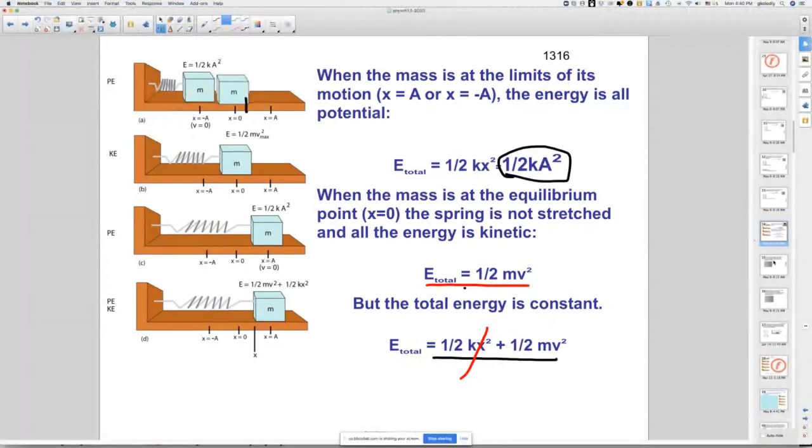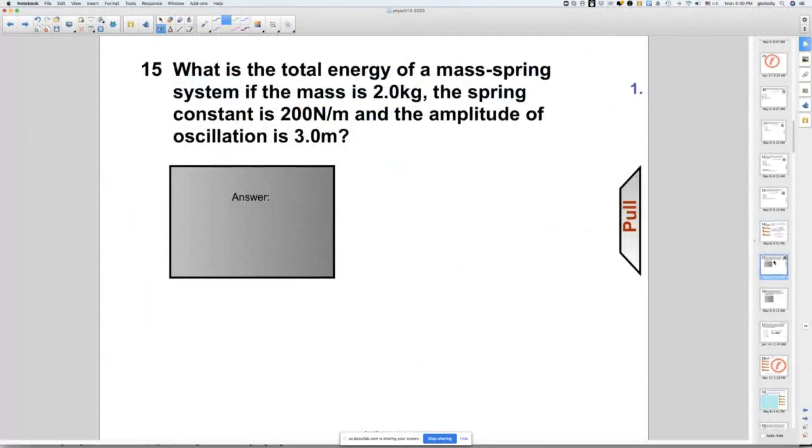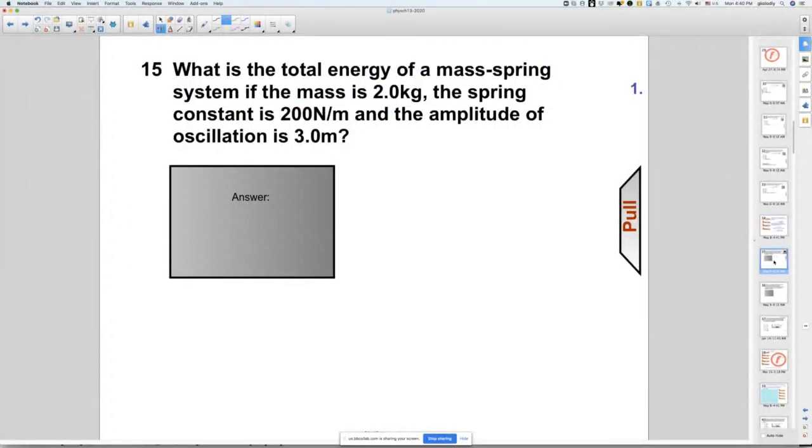All right, let's do another problem. What is the total energy of a mass spring system if the mass is 2 kilograms, the spring constant is 200, and the amplitude of oscillation is 3?